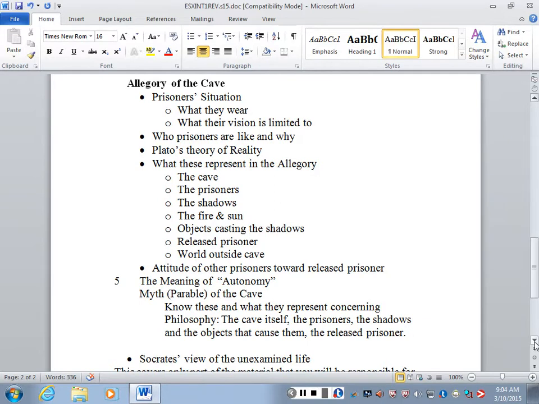So the word autonomy is basically making your own decisions about what things to accept.